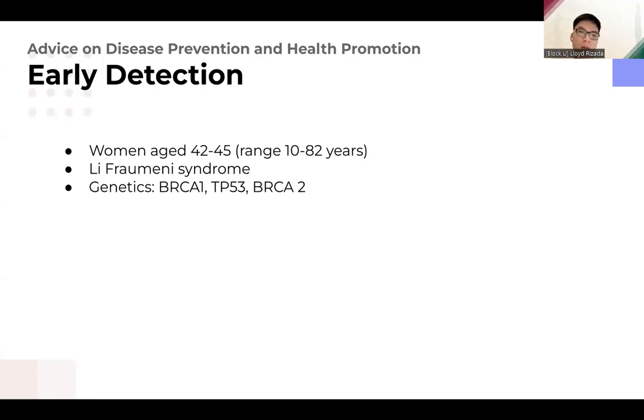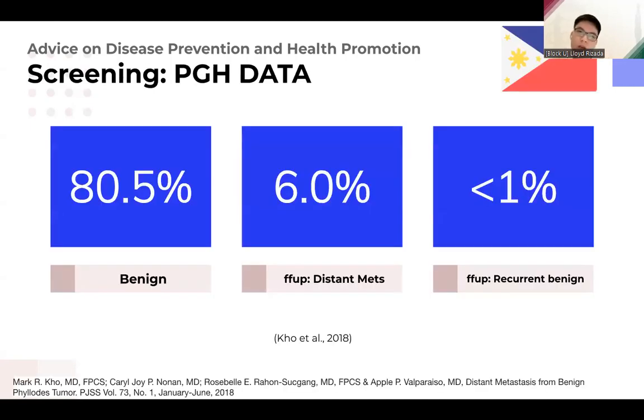But to apply this for our patient, maybe we could advise their relatives, but it's difficult to advise patients' relatives since the etiology of phyllodes tumor is still not fully understood. The next slide would show the local study for phyllodes tumor, which was discussed earlier. Just to reiterate, in that study done with data from PGH, 80.5% were benign, and upon follow-up, 6% showed distant metastasis, and less than 1% showed a recurrent benign phyllodes tumor.